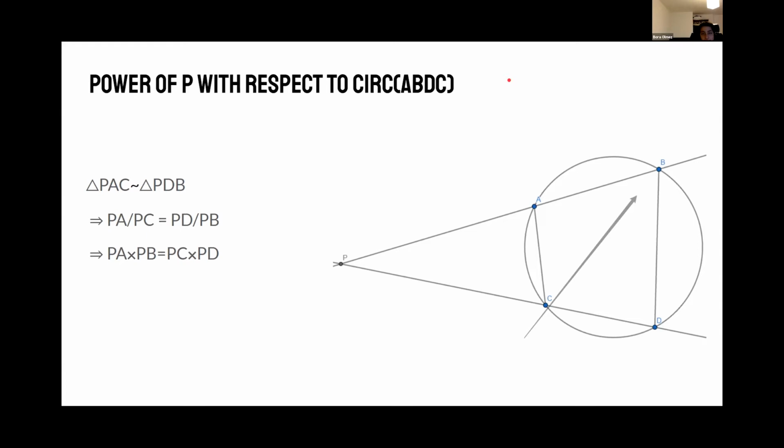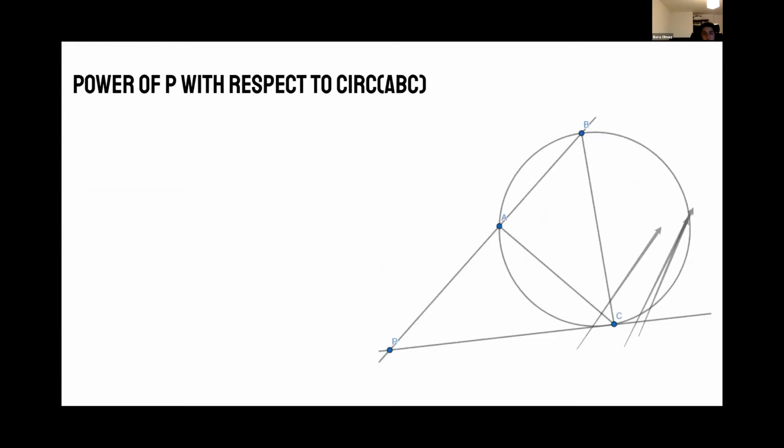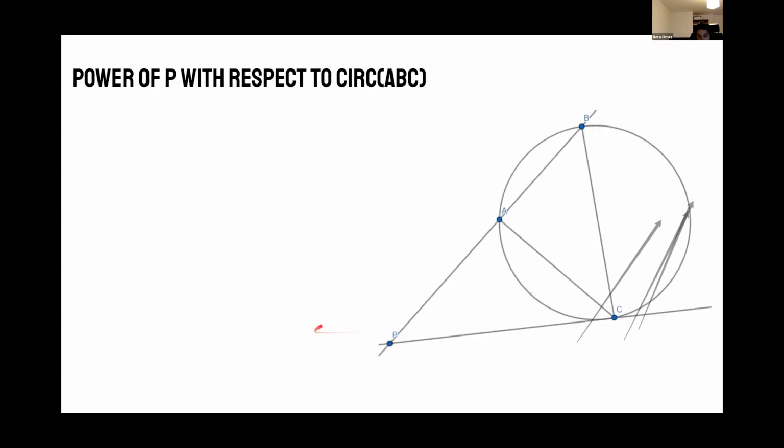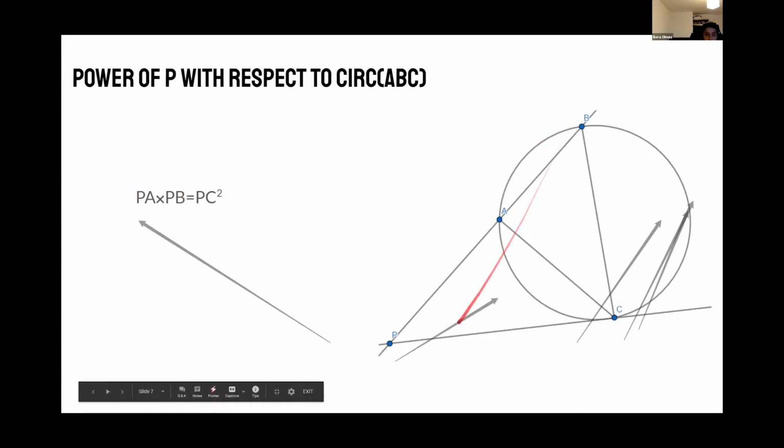I'll just go through one of the degenerate cases of the power of a point. If we have C equals D here, then PC is of course a tangent, and we can replace D by C and we get PA times PB equals PC squared.